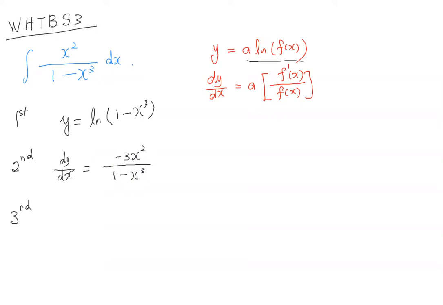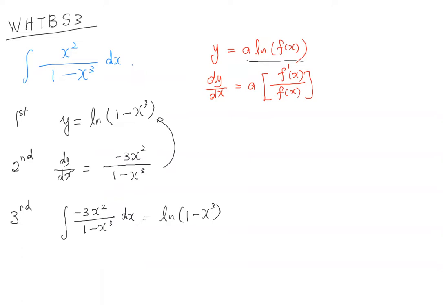I will say if I integrate negative 3x squared over 1 minus x cubed dx, what do I get? I know the answer. That is my y, which is ln of 1 minus x cubed. Am I right?